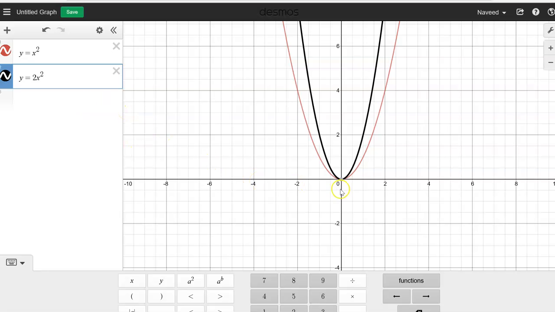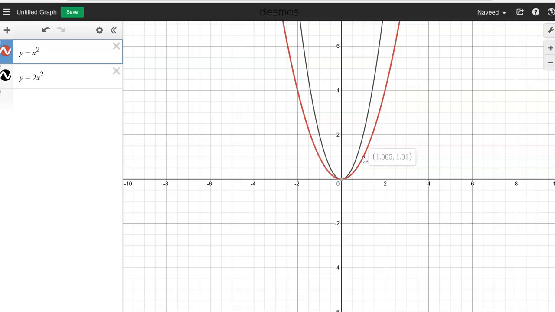But the interesting part is that as you go through the table of values, the x values stay the same, but the y values change for any given x value. Look at the coordinate 1, 1.